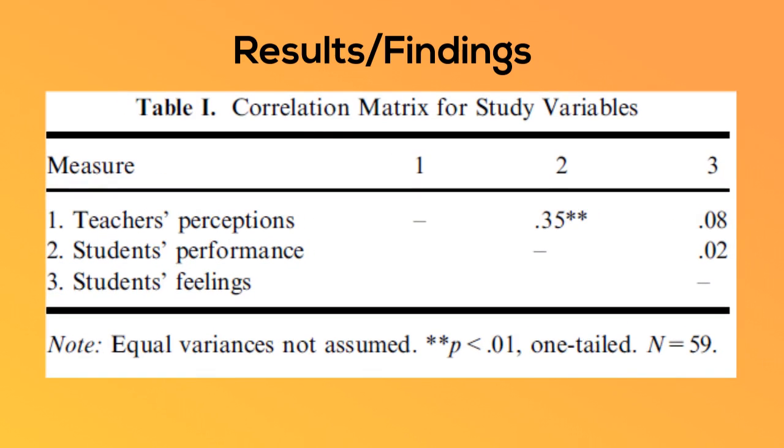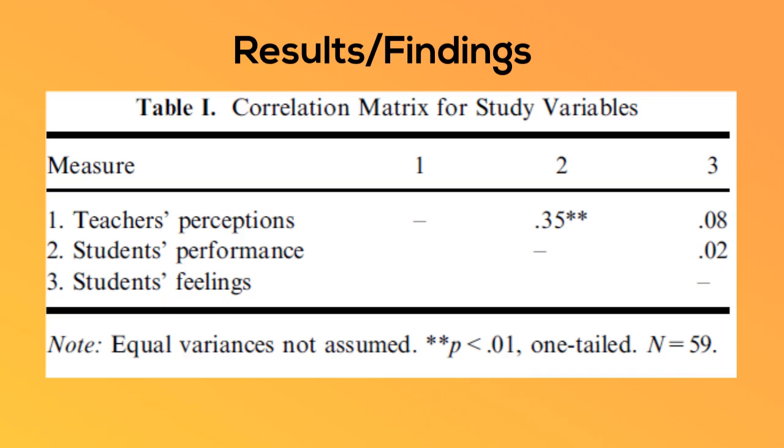Based on this correlation matrix of the results from our study, we can see that each of the 3 hypotheses previously mentioned are all supported. If you recall, Hypothesis 1 stated that there will be a significant and positive relationship between the student's demonstrated performance and the teacher's perceptions of overall student achievement.